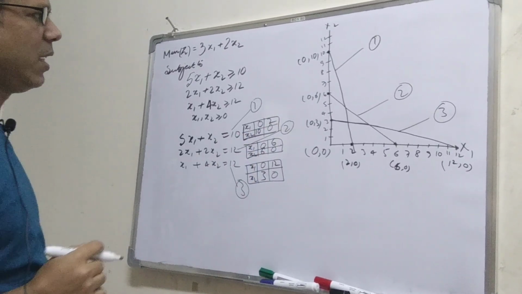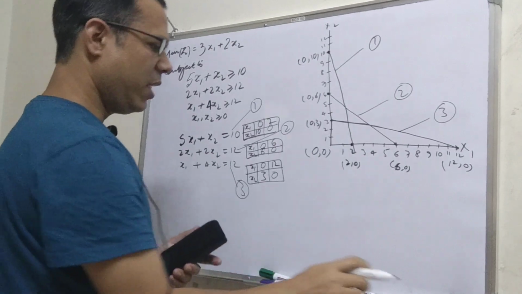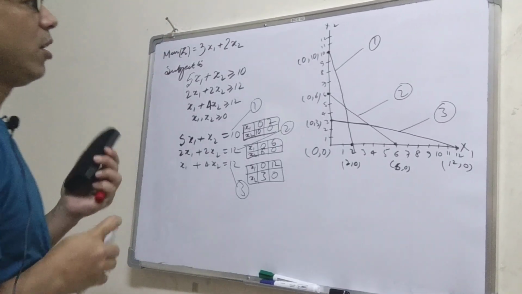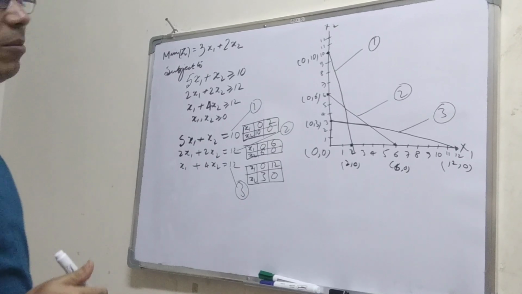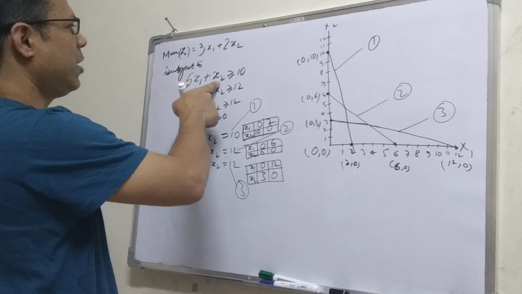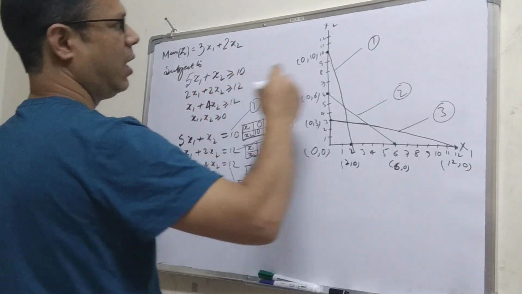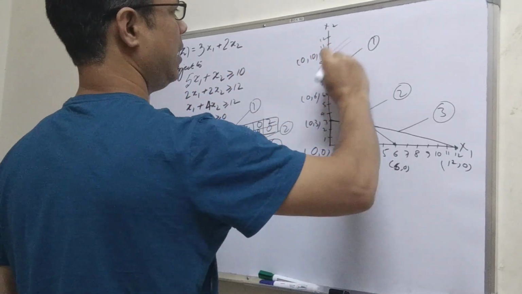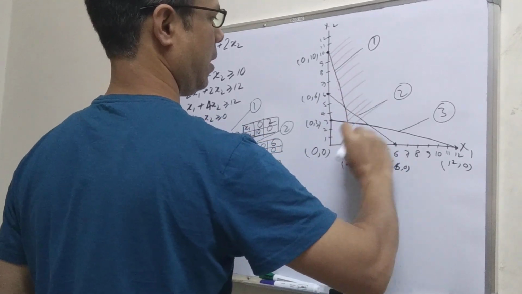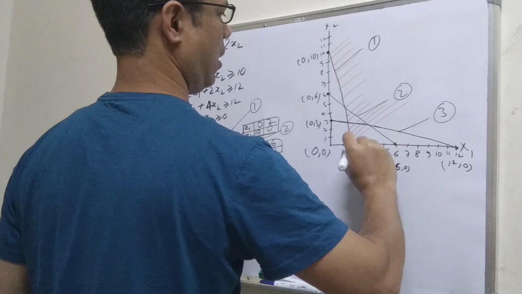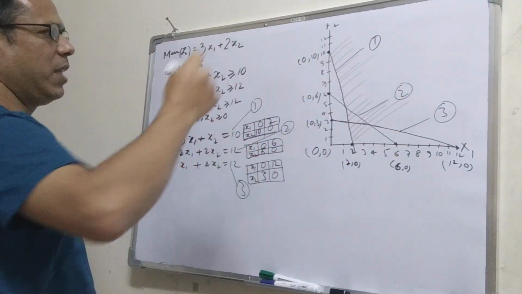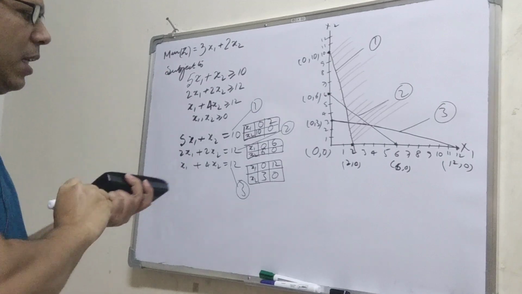Now here it is very important. You just need to find the common region, that is called the feasible region. For 5x1 plus x2 greater than or equal to 10, we can draw a line like this. This is the line, and because it is showing greater than, we draw the graph like this.